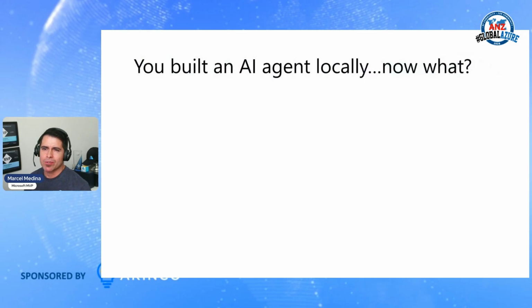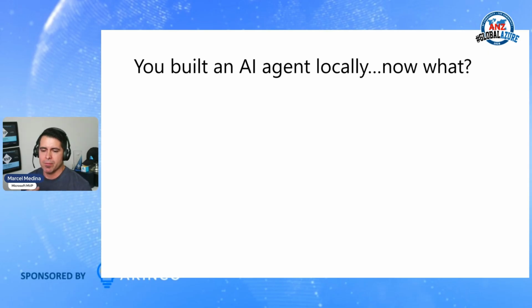So you have built an AI agent locally. And now what? There's always this sort of challenge, especially with all the excitement with what's happening with agents, skills. There's a multitude of things happening.